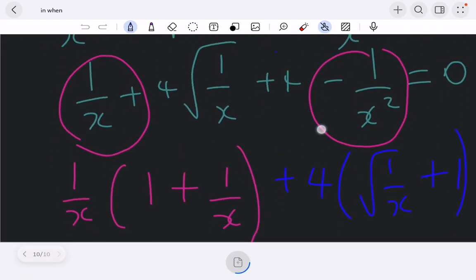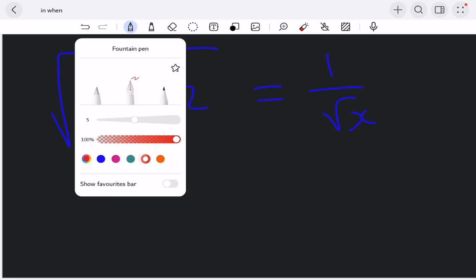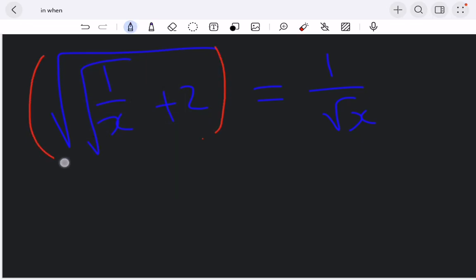Okay, so let me just try to copy that equation again. From my memory, it looks like I had 1 over x plus 2 is equivalent to 1 over root x. Like we did in the previous solve, we're going to square both sides.